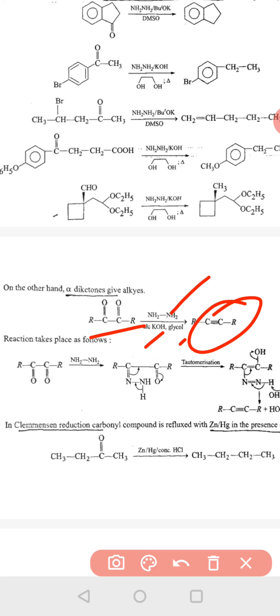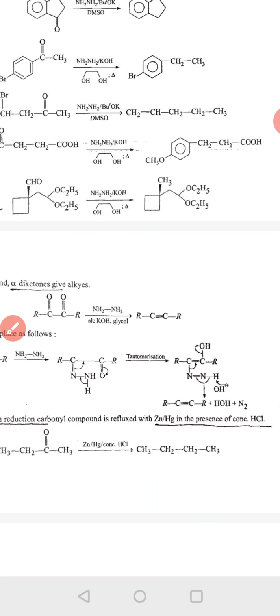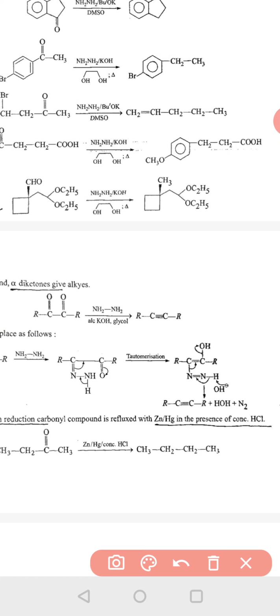In the first step, a simple condensation reaction occurs between one of the C=O groups and hydrazine. H2O is removed and we get this addition product. Bonds are formed and bonds are broken in this compound.